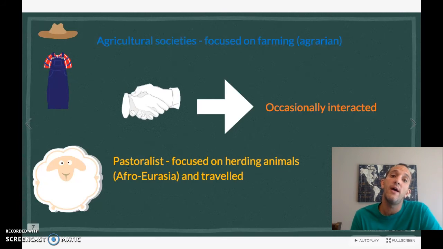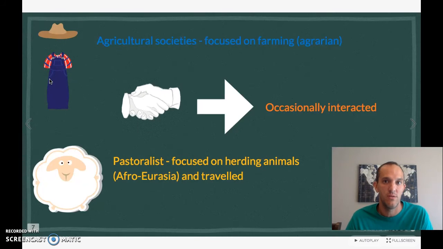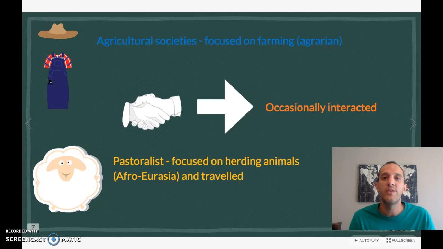And then they travel to another place and meet up with agricultural Society Y. Well, these pastoralists are going to bring what they heard and learned about from agricultural Society X and transmit that to Y. So although this society right here, X, is stable and they aren't moving anywhere and they're not really interacting with Y, they do get this knowledge brought to them by these pastoralists. So kind of an important piece of that.